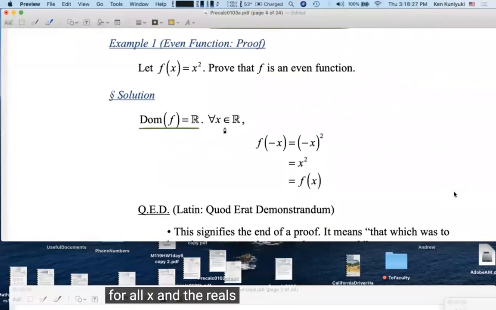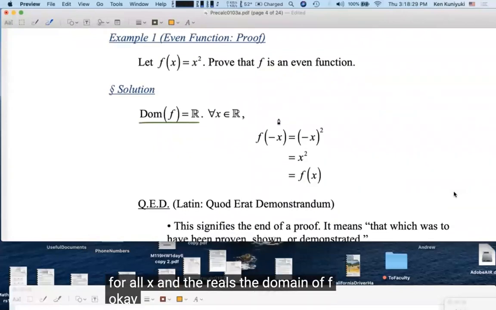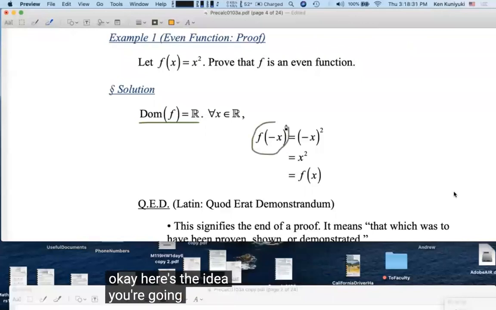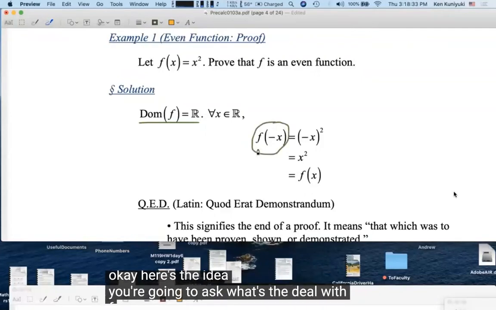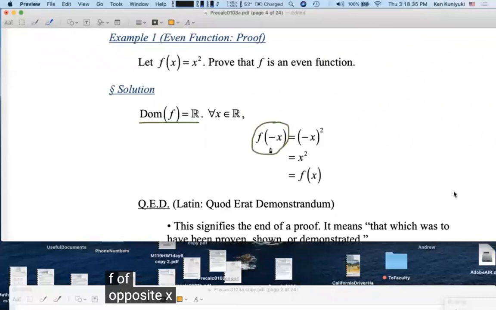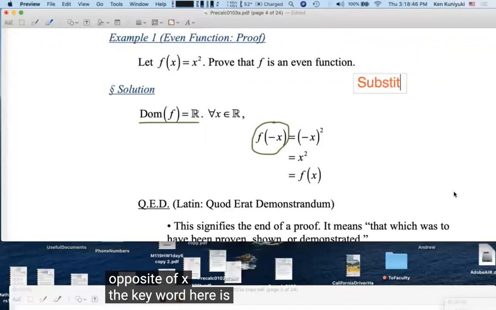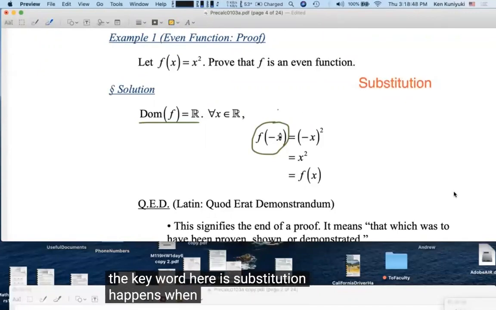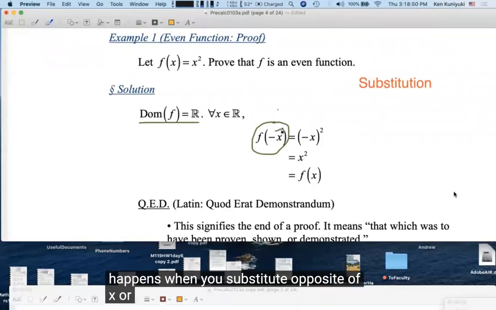For all x in the reals, the domain of f, here's the idea. You're going to ask, what's the deal with f of opposite x? When you see something like f of opposite of x, the key word here is substitution. What happens when you substitute opposite of x, or negative x?